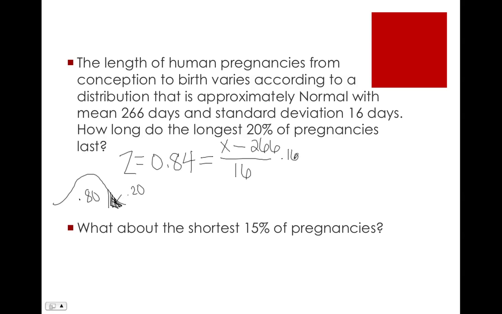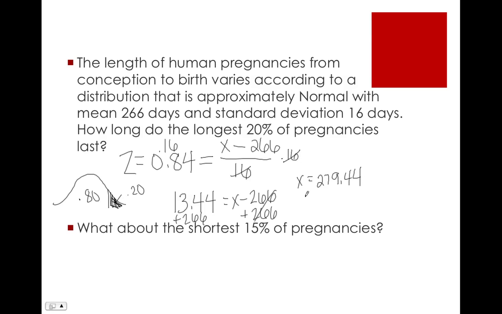So I multiply both sides by 16. And this gives me 0.84 times 16 is 13.44. And that's equal to x minus 266. I add 266 to both sides. And I get x is equal to 279.44.